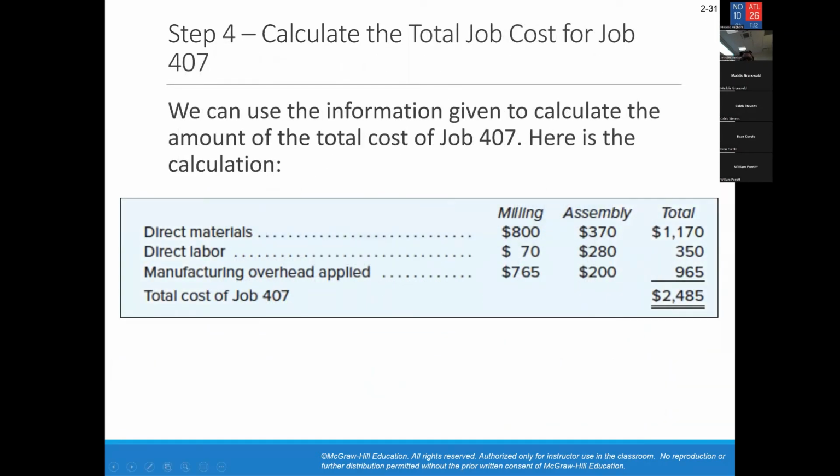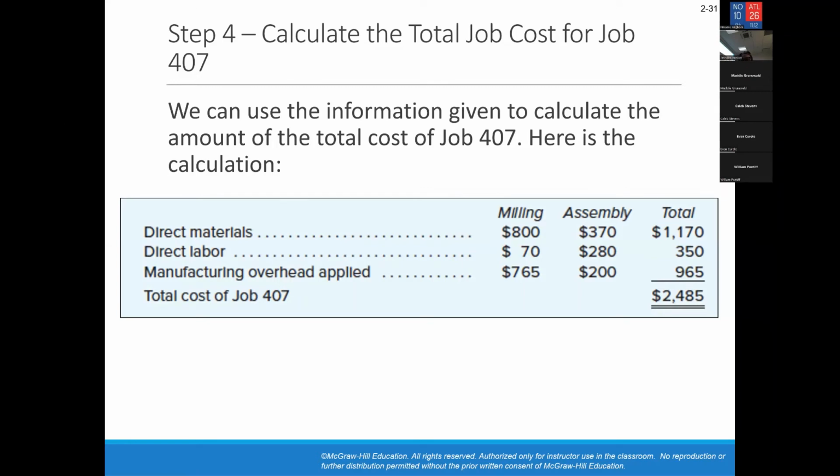The assembly department, we just pull our numbers over: direct material, direct labor, manufacturing overhead was $200. If we wanted to know the total for each one, we could look at how much was the total for milling or assembly. But we want to look at the total job cost and see how much it was for job 407. So we just add them together.